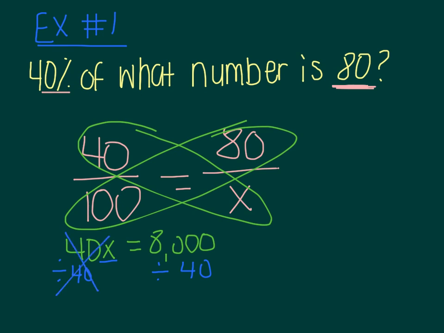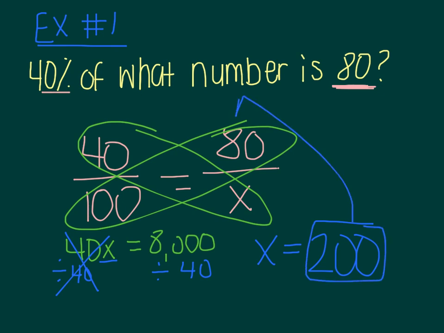This side cancels itself out. Then we do 8,000 divided by 40, which equals 200. So to answer our question, 40% of 200 is 80.